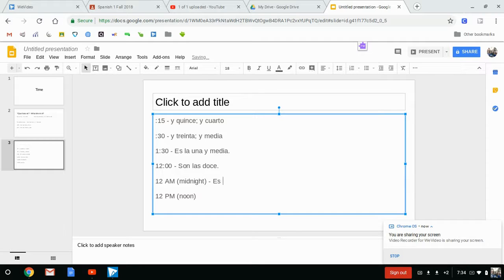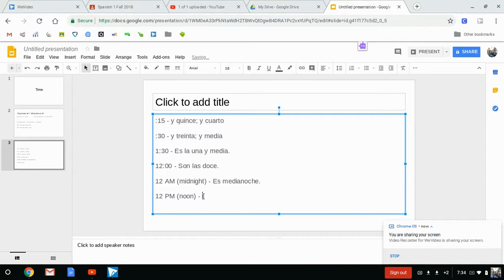You say es medianoche, es medianoche. And that literally means media or medio is half or middle or mid in this case, and noche we've seen means night. So that's literally, it's midnight.